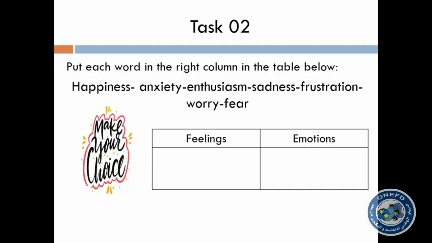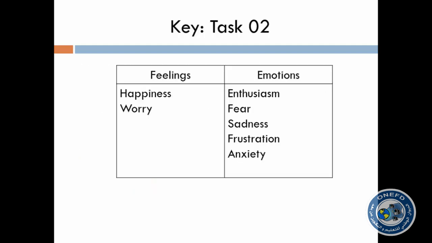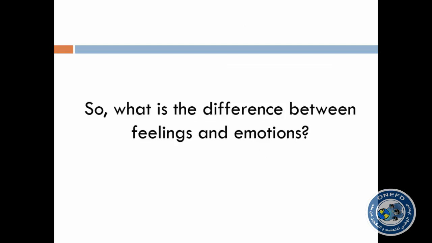Take a moment, feel free to pause the video and do the activity. Finished? Let's take a look at the key. In feelings, happiness and worry are feelings. Emotions: we have enthusiasm, fear, sadness, frustration, and anxiety. So let's move on to the next task. We have known which are feelings and which are emotions.